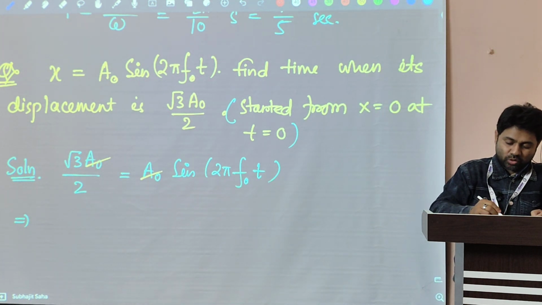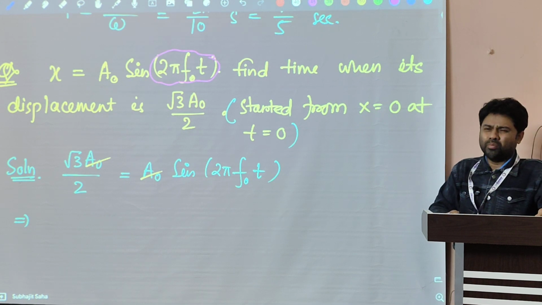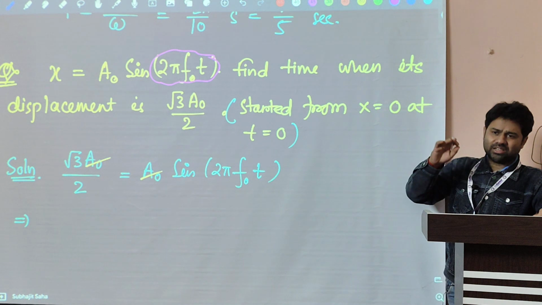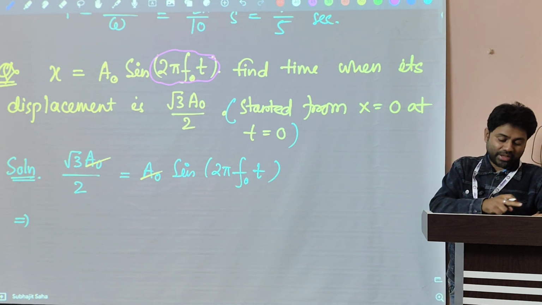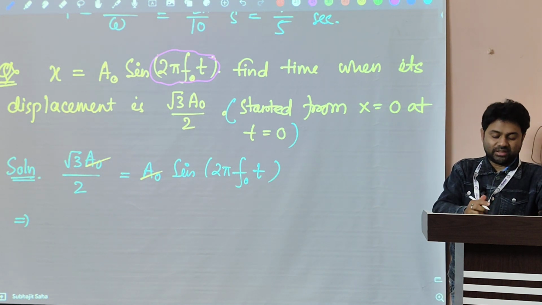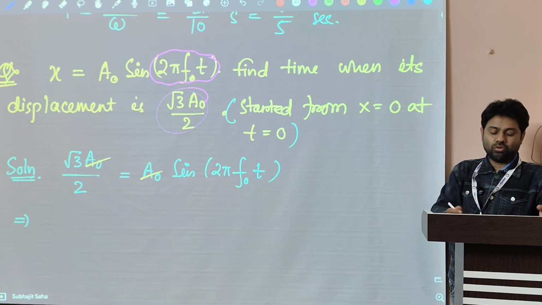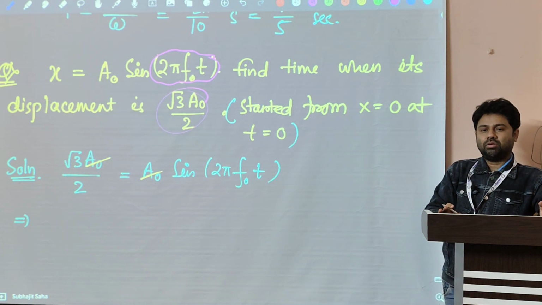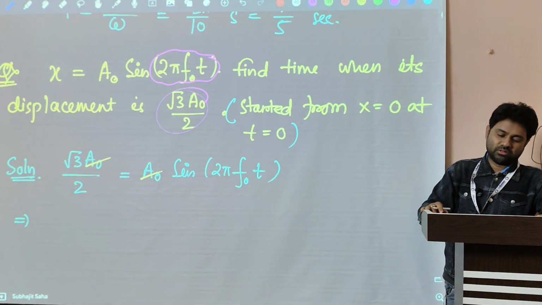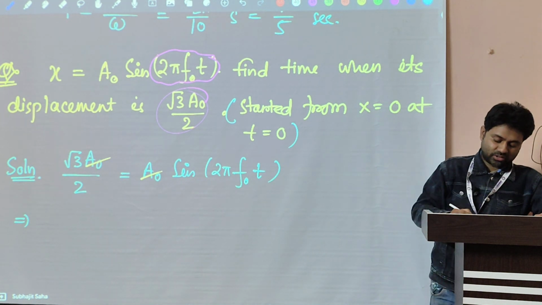Don't get confused by whatever is given inside the argument of sine, 2 pi f0, a b c d e f g h, it doesn't matter. We just need to put x equal to the value of displacement given in the question, like here root 3 A naught by 2, and then we will find t. Other figures will be taken constant. We don't mind the other figures, whatever.